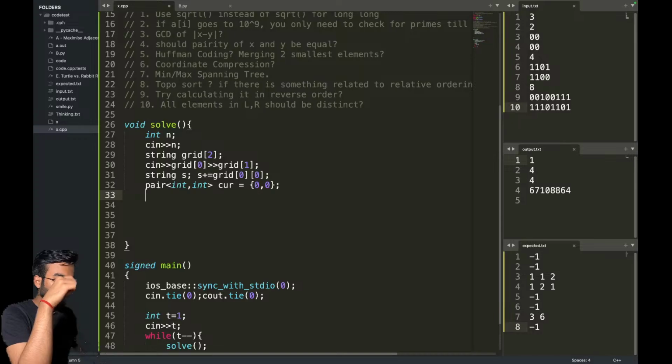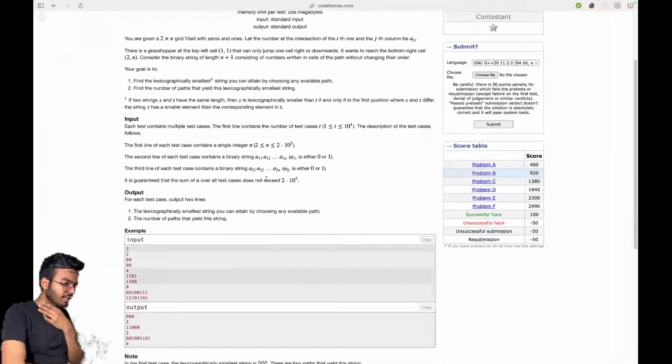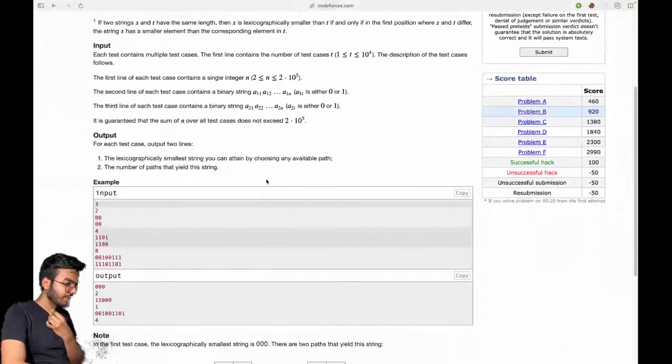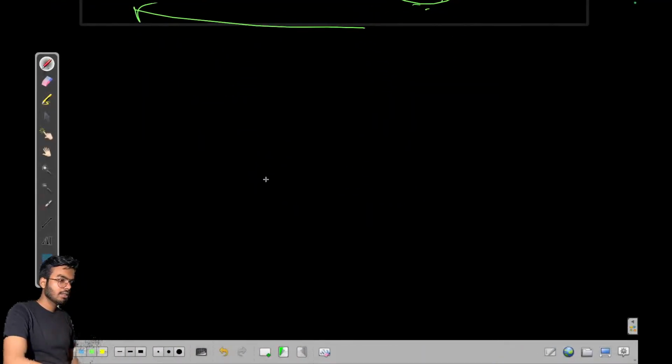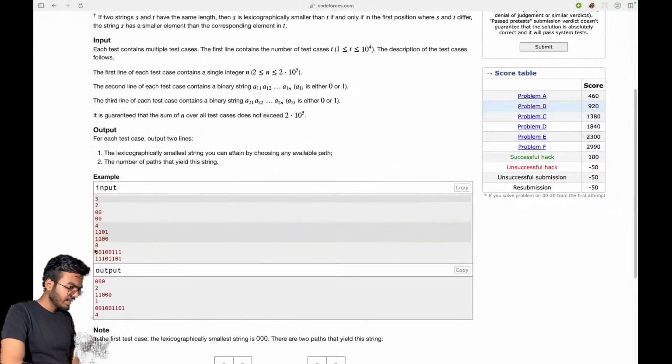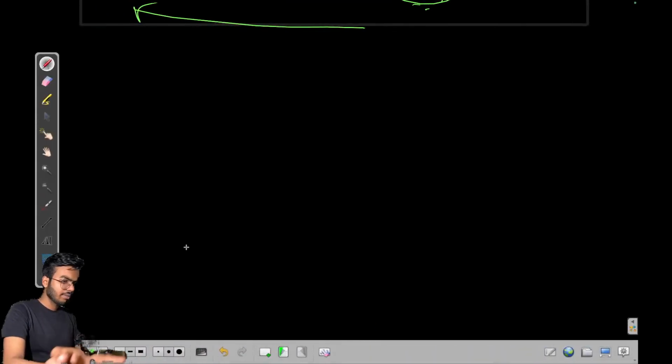But I want to get the path. This is tough. How do I maintain the path? What is my n? N is still 2 into 10 to the power 5. Let's actually try to solve it for this problem. I think then we will better understand it.